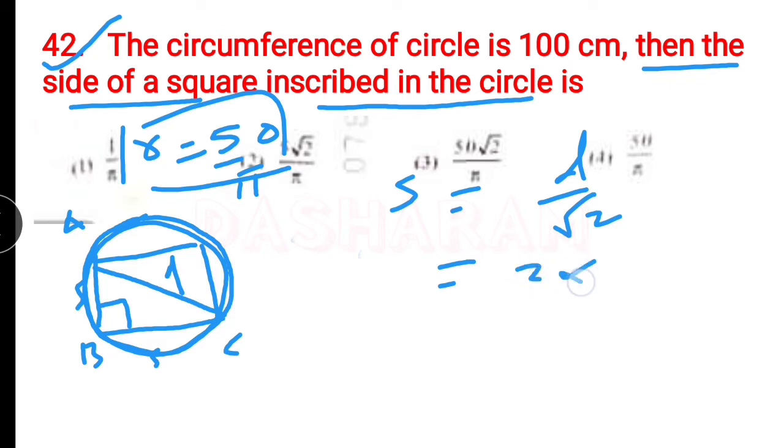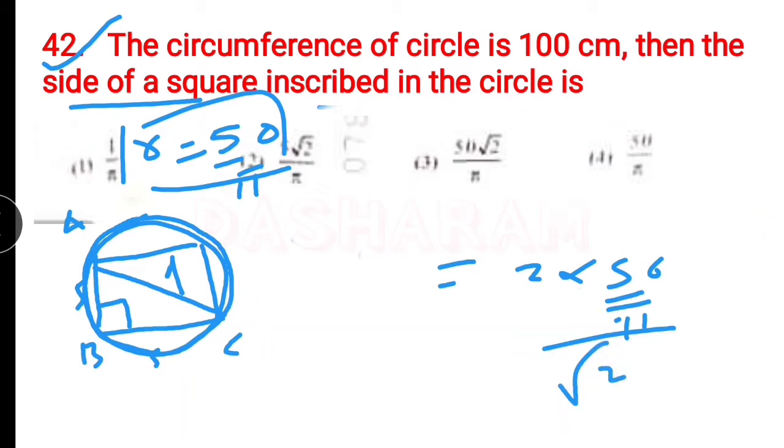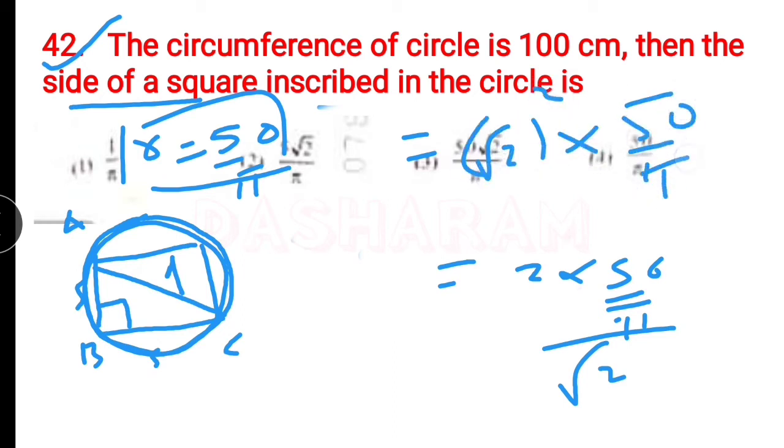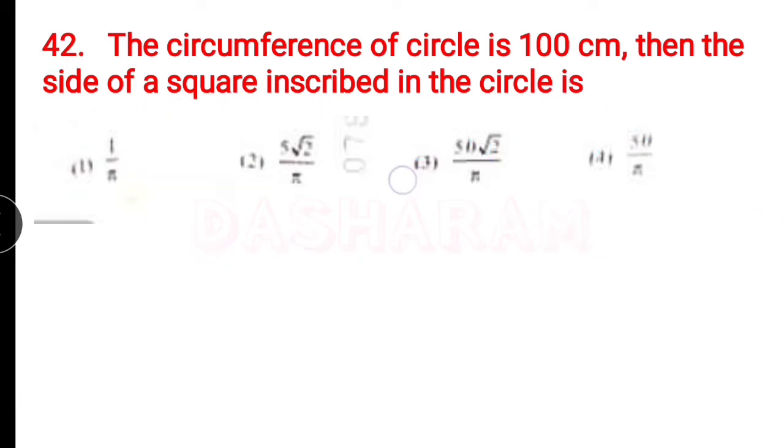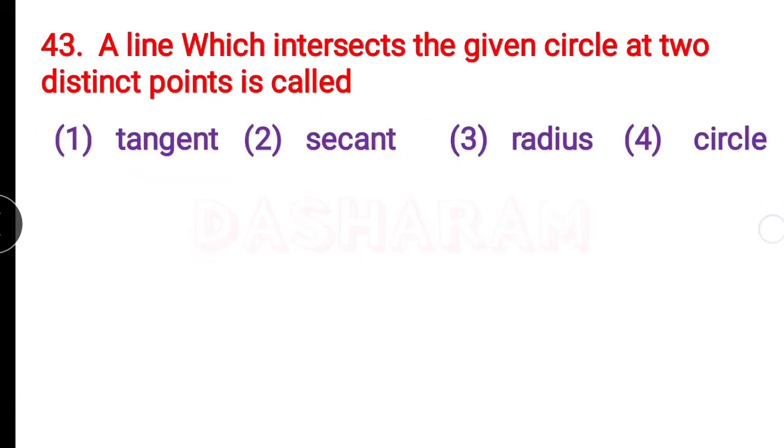So 2 into 50 by pi divided by root 2. Here 2 can be written as root 2 whole square, so root 2 square into 50 by pi by root 2. Root 2 cancels, so it is equal to 50 root 2 divided by pi, which is the side of the square. So option 3 is correct.